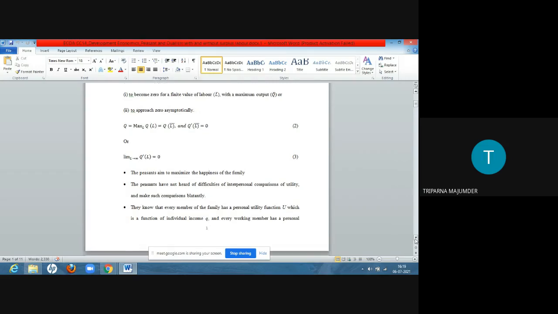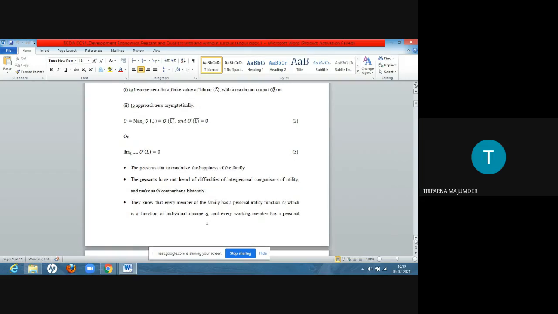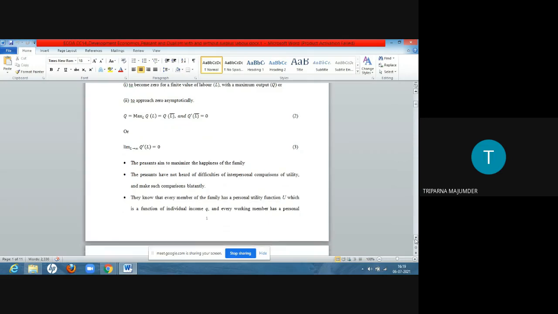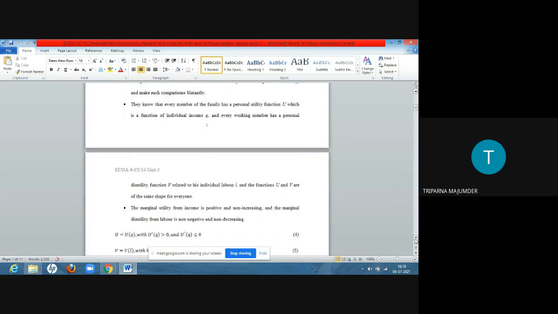They know that every member of the family has a personal utility function U, which is a function of individual income, small q, and every working member has a disutility function V related to his individual labor L, and the functions U and V are of the same shape for everyone.